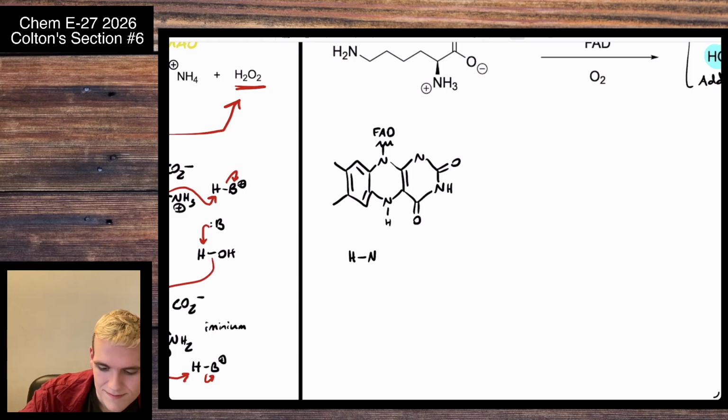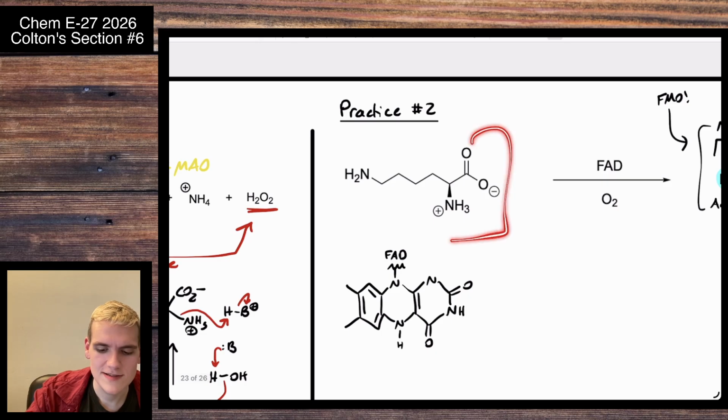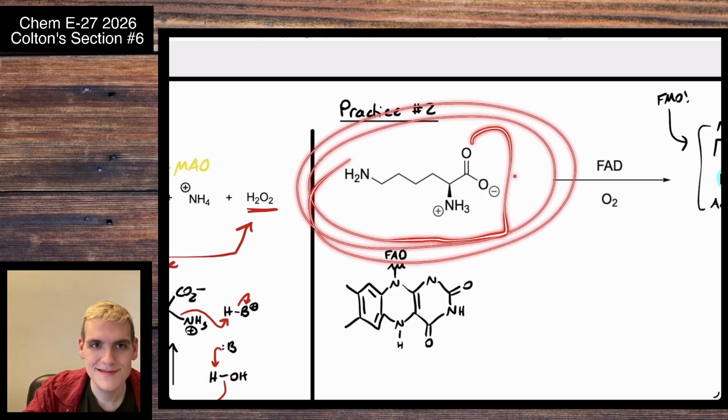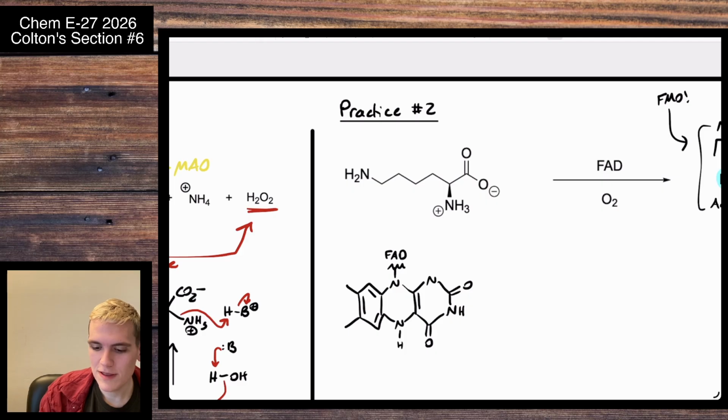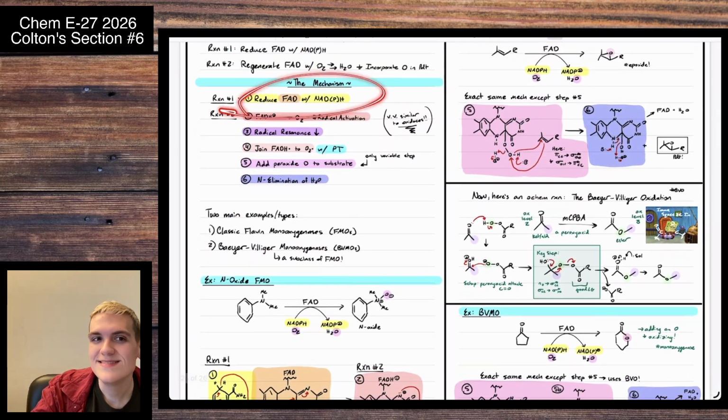Oh, wait, what am I doing? I was about to draw this. But why is that a silly thing for a monooxygenase, Colton? Why would it be silly at the very start to draw the substrate? Well, is the substrate what loads up the FAD? Nah, the NADPH or NADH is.